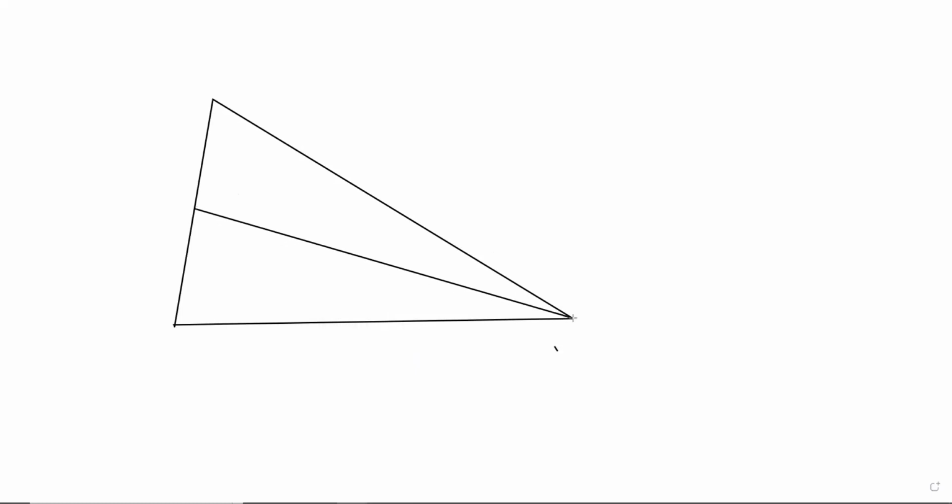So let's go there again, and I should have saved the diagram at least. So let us see. We have observed that this is a rhombus.